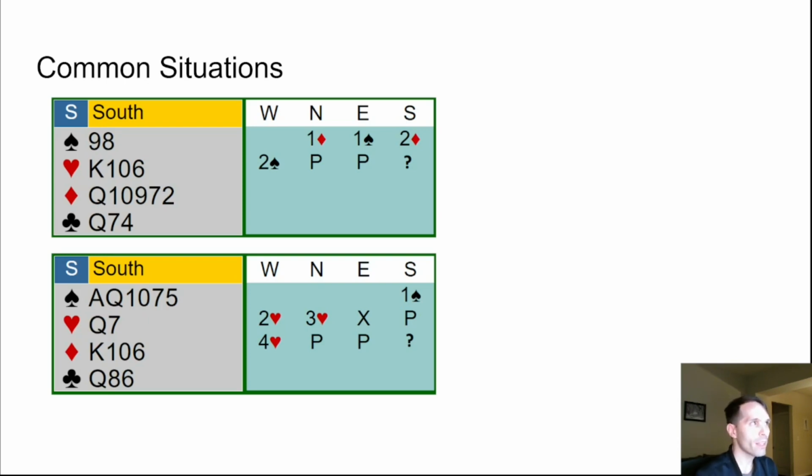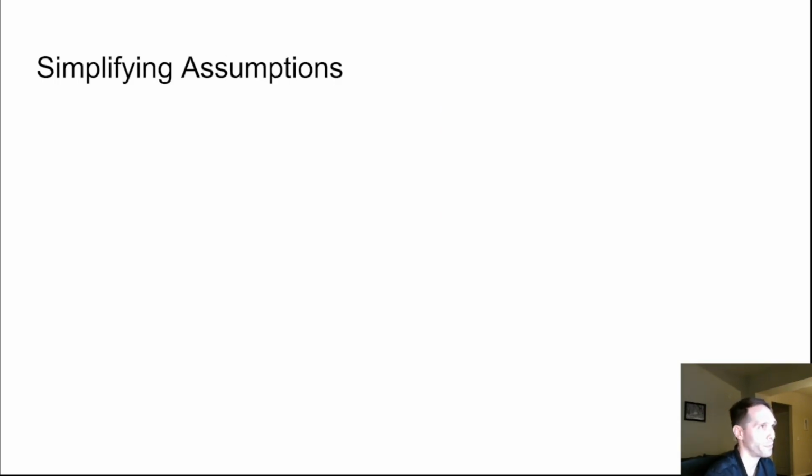But these are the 2 situations that I'm kind of thinking of. And so rather than imagine these hands in particular, just consider these auctions as we move on to the next slide, where I'm going to show a couple of tables after we talk about some of the simplifying assumptions that we're going to make.